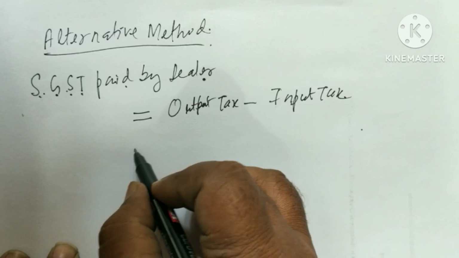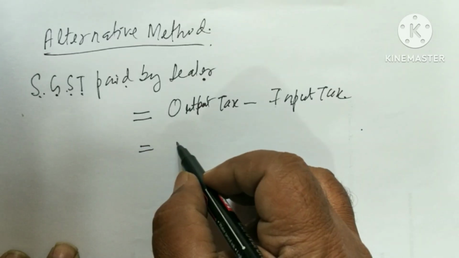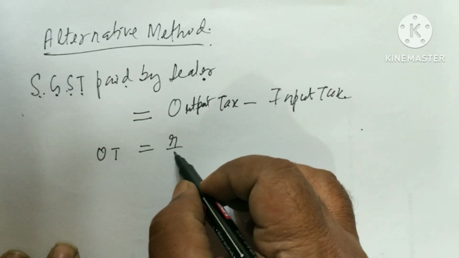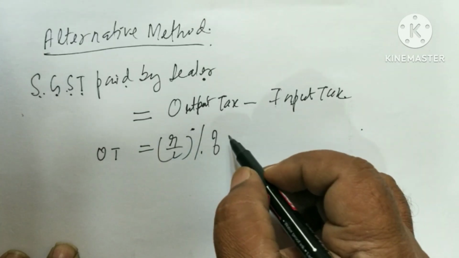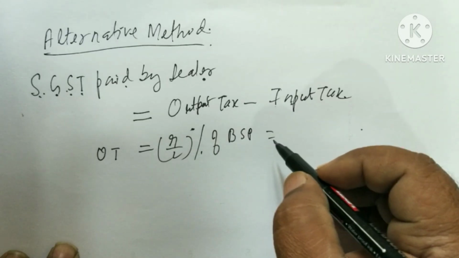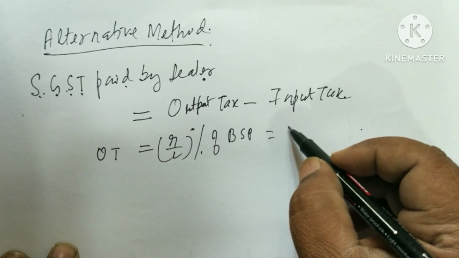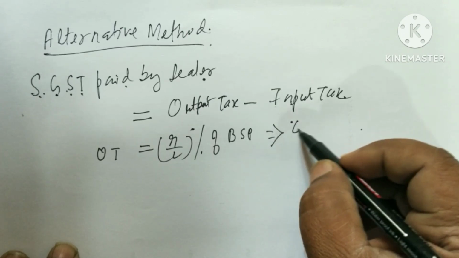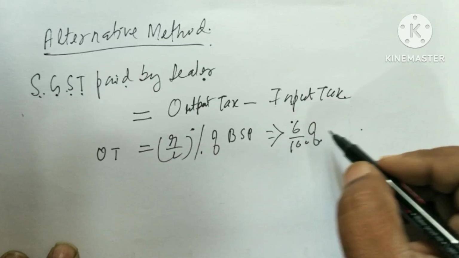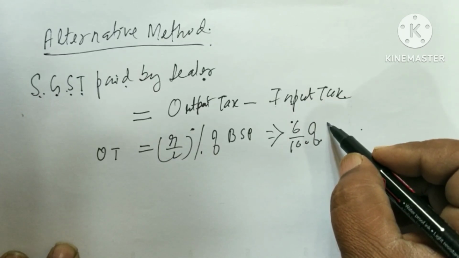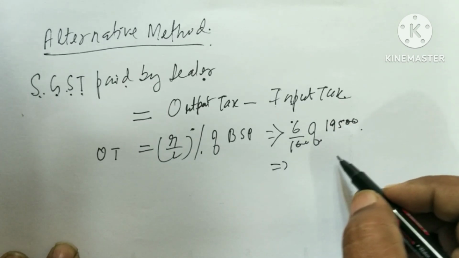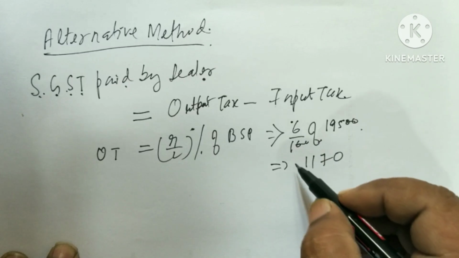Now, the output tax is 6% of the basic selling price. The selling price was 19500. So it is 1170.